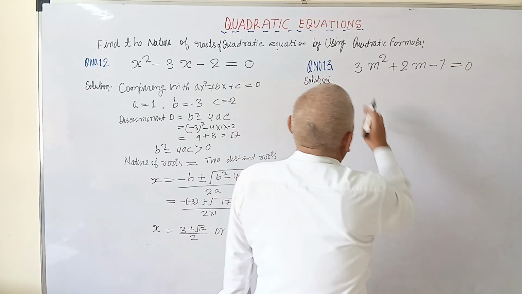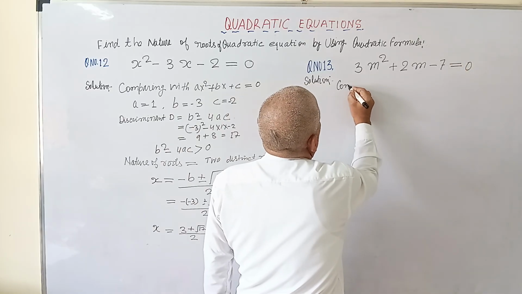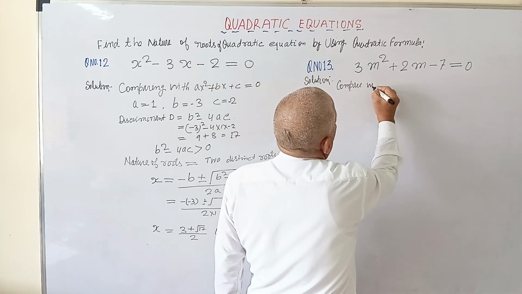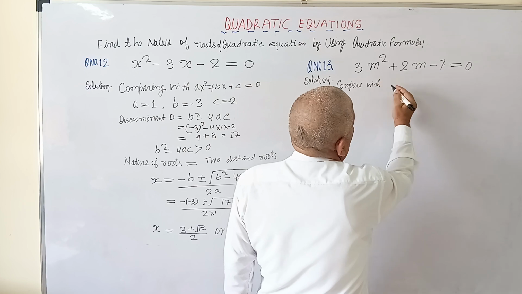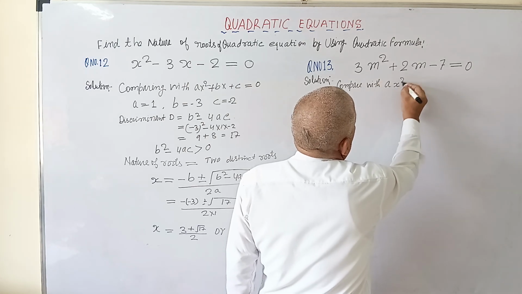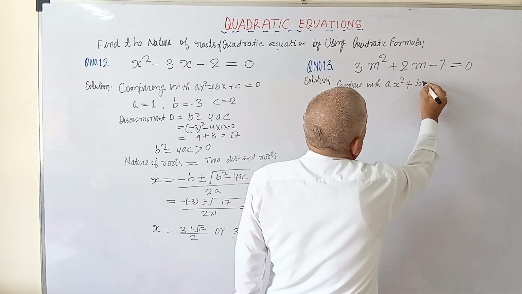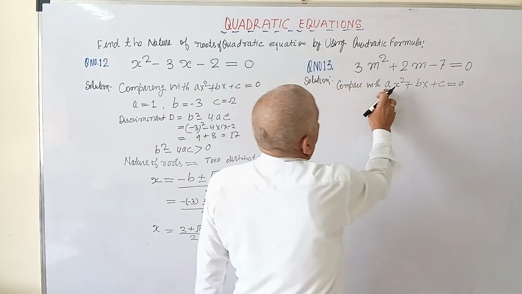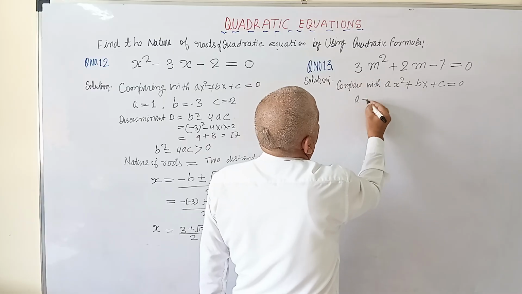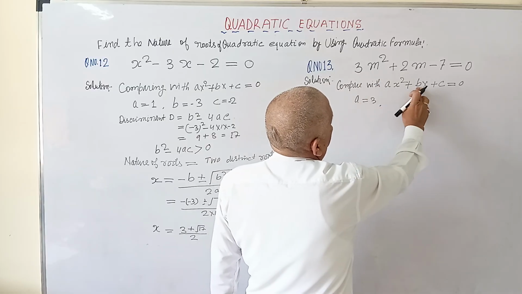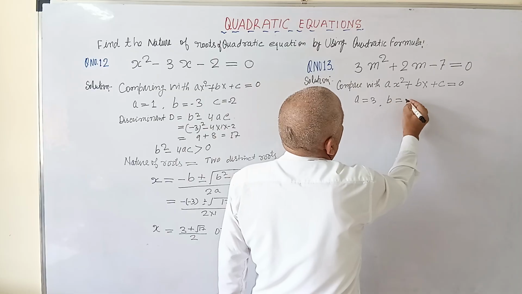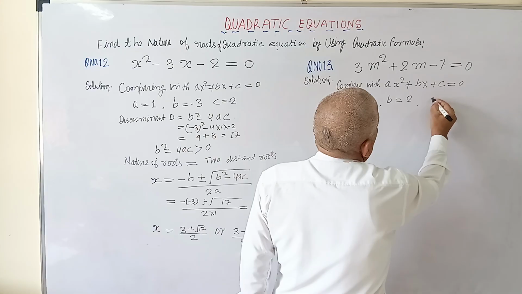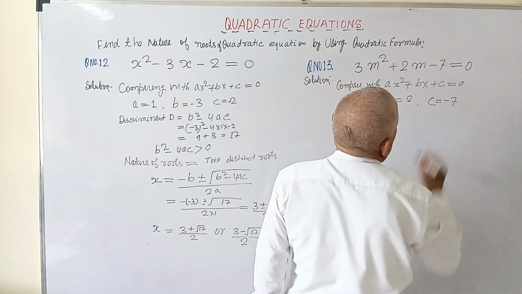Here also I will compare with the standard form of quadratic equation, that is ax square plus bx plus c equals 0. Now in this case, a equals 3, b equals 2, means the coefficient of m is 2, and c equals the constant term, that is minus 7.